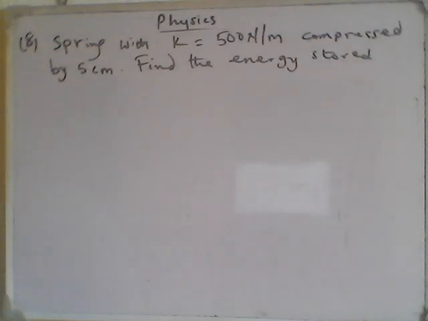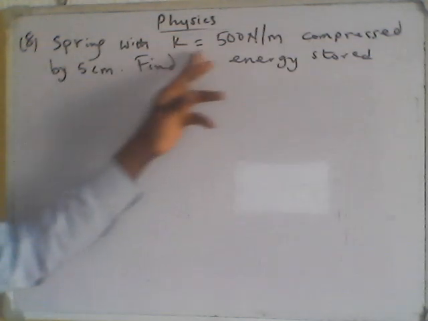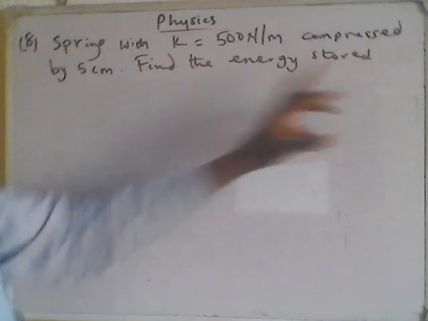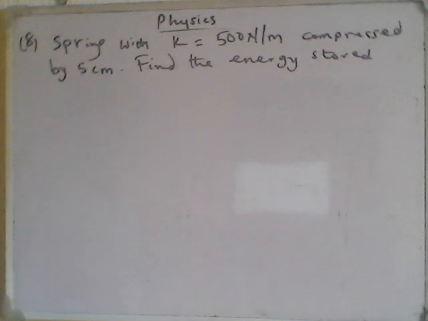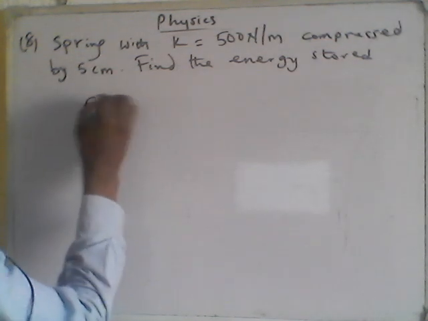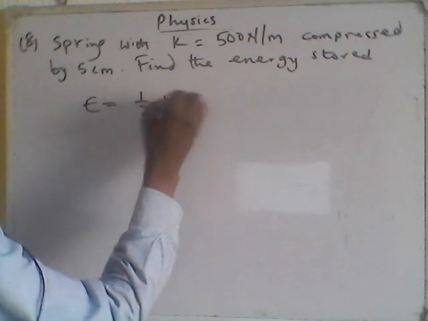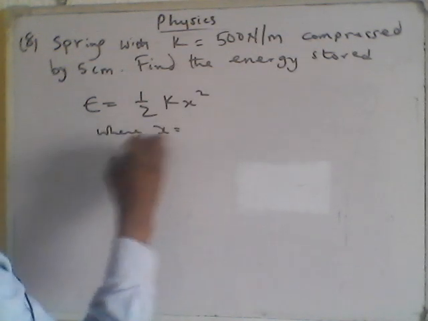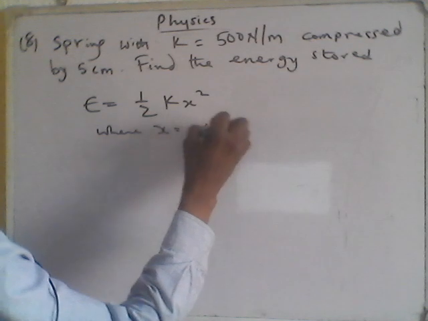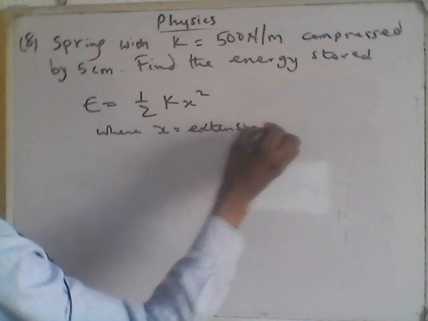Okay, so number 8, it says a spring with K equal to 500 Newton per meter is compressed by 5 cm. Find the energy stored. So the energy stored formula is half Kx squared, where x is the extension or the difference in length.